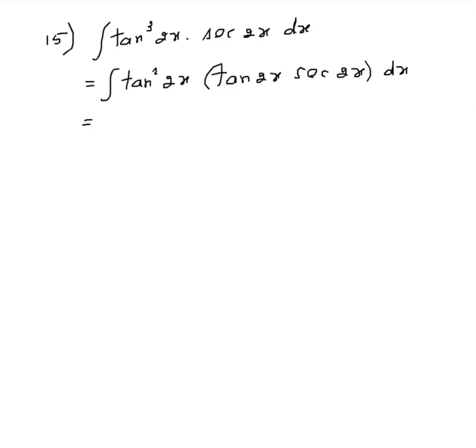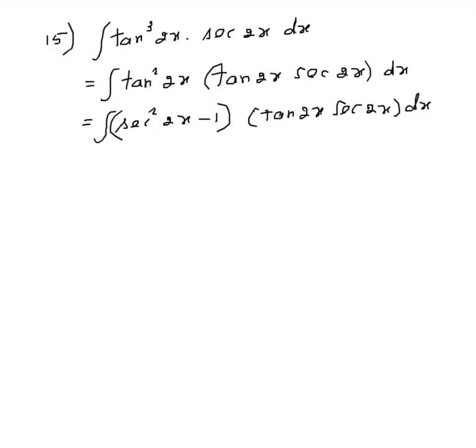And we know that differential of secant x gives us secant x tan x. Therefore, let us write this tan square as secant square 2x minus 1 using the identity, into tan 2x into secant 2x dx.